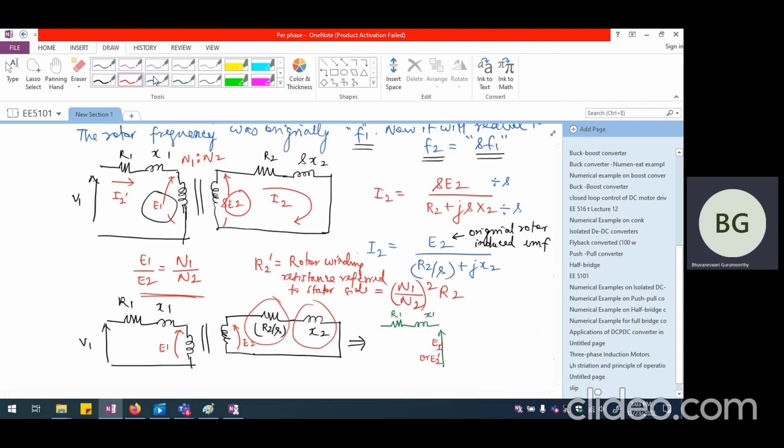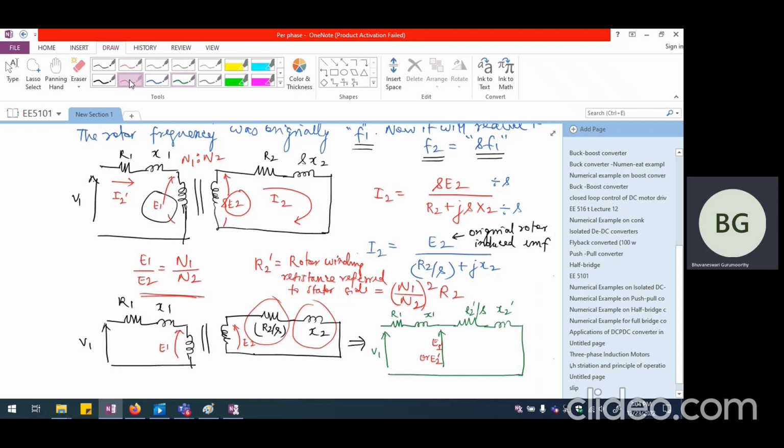Both are one and the same. And I'm going to have here R2 dash by S and I'm going to have here X2 dash. And we will have this whole thing connected together, and this is V1.